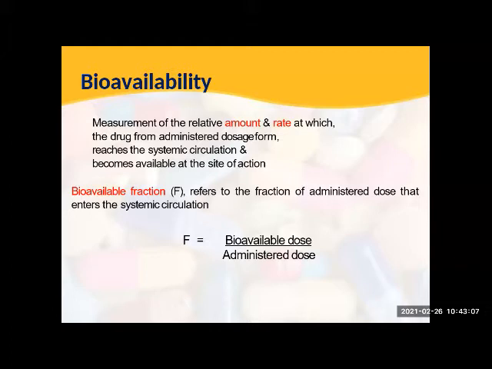At that time we have to determine the amount of drug in that particular blood sample, and once we determine it, we have to multiply it with the amount of blood. Okay, so it will give us the bioavailable dose. So it takes much effort to determine bioavailable dose, and thus we can get the bioavailable fraction.